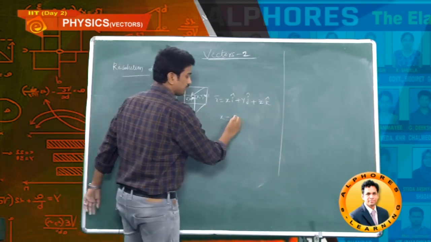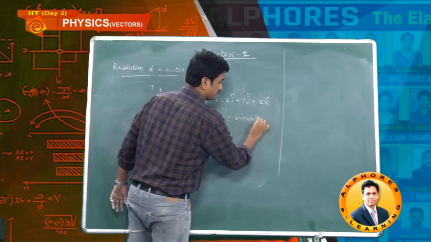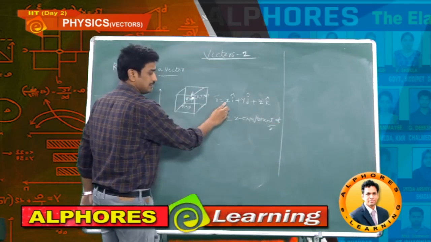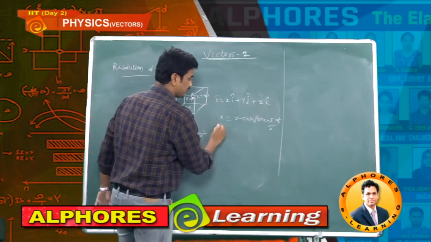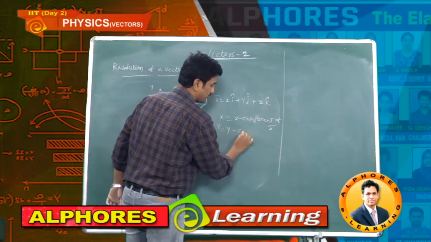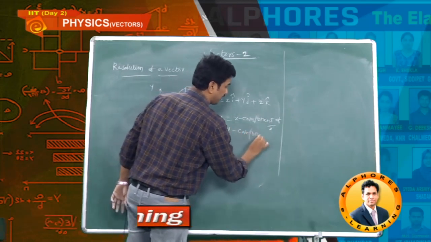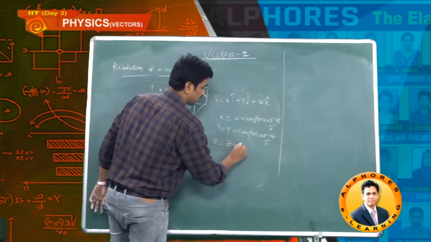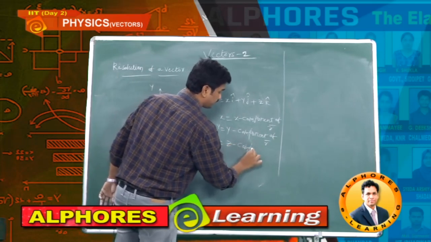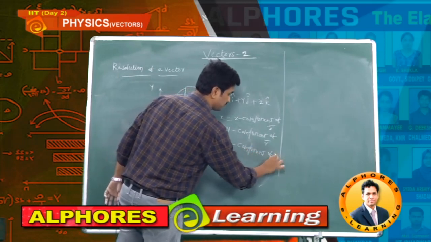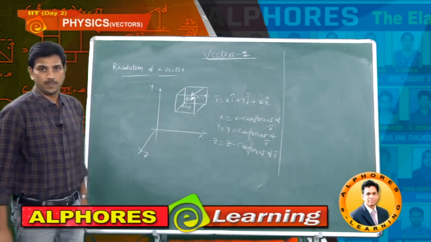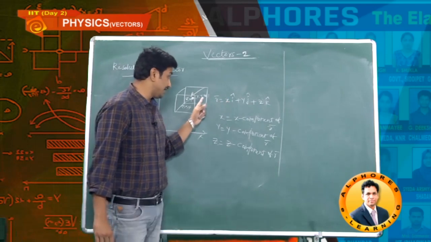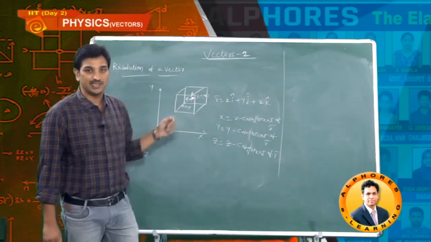X is the x component of R bar. Y is the y component of R bar. Z is the z component of R bar. Here R bar having 3 coordinates, x coordinate, y coordinate, z coordinate.